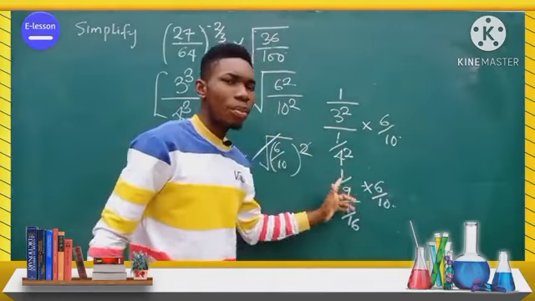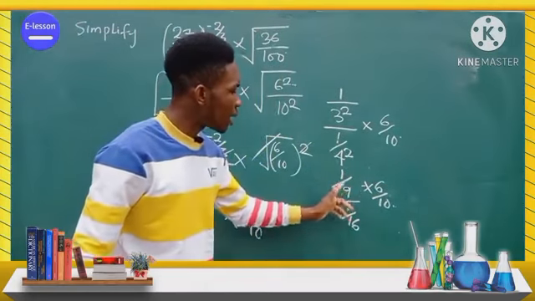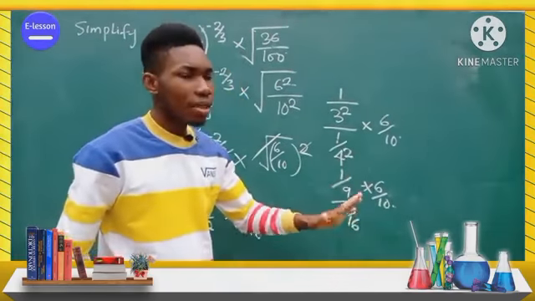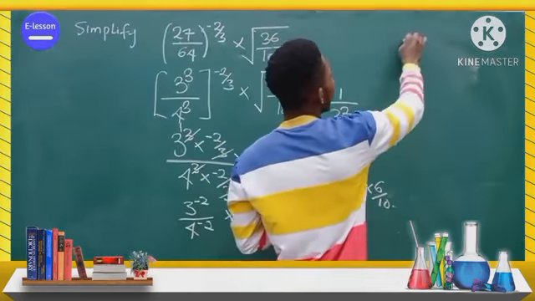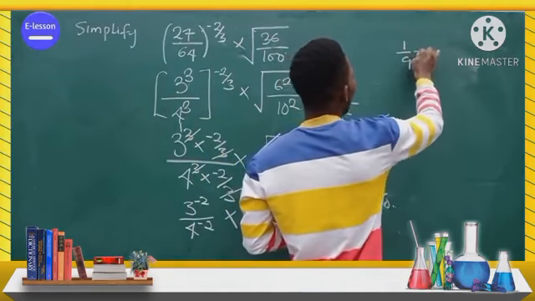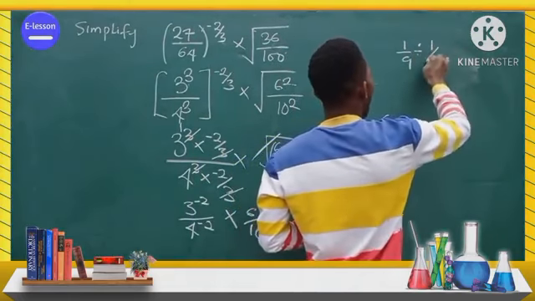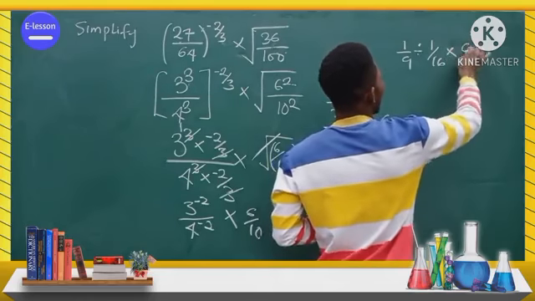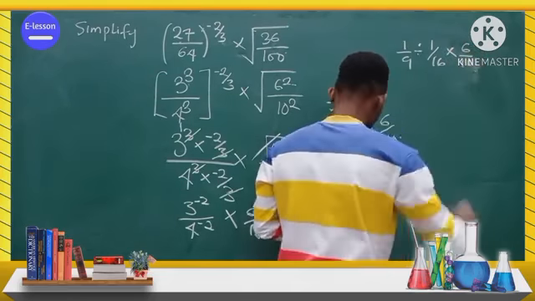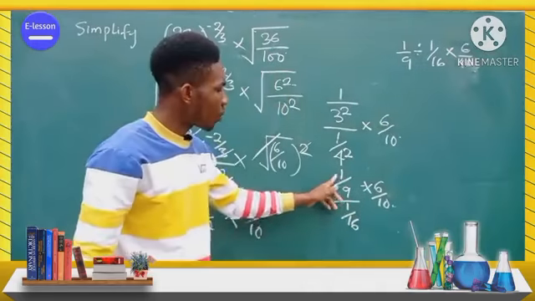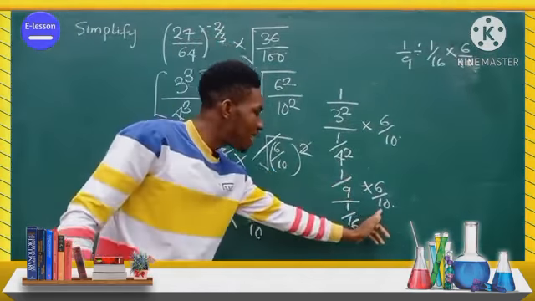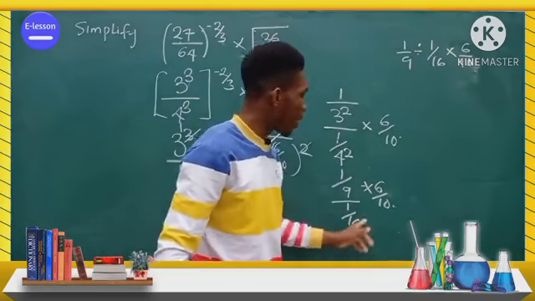Now at this point, whenever you have 1 over 9 divided by 1 over 16, it's very easy to do. That is the meaning of what we have here: 1 over 9 divided by 1 over 16, times 6 over 10.